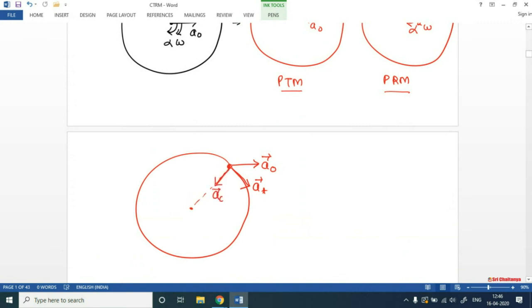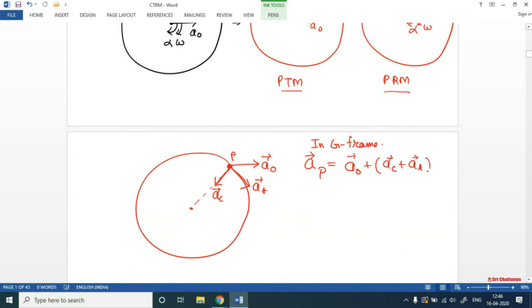So in the ground frame of reference, the acceleration of point P is going to be the vector sum of all these. This is A naught, which is the acceleration of center of mass, and the acceleration of point P with respect to center of mass is going to be AC plus AT.